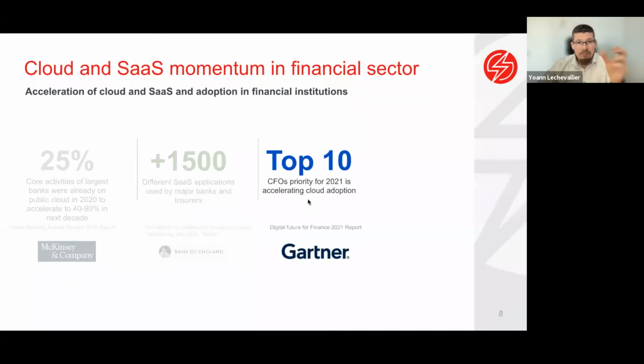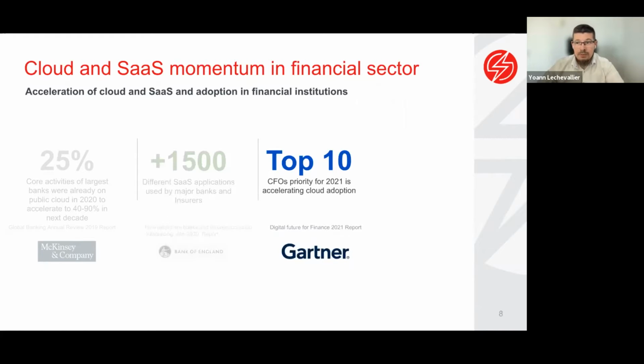And so because of that, it's very natural to see that in the top 10 priorities for all the CFOs for this coming year is accelerating cloud adoption within the financial institutions.